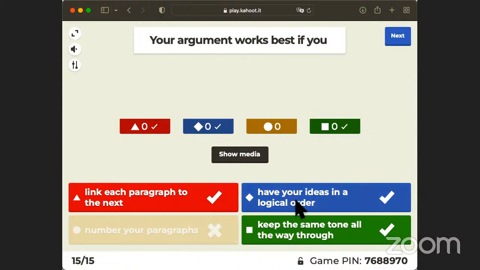Your ideas should always be organized in order from the most important to the least important, and we should always keep the same tone while you're writing your whole essay.